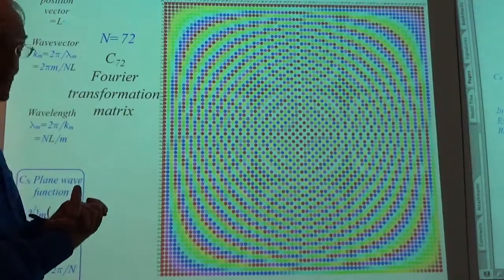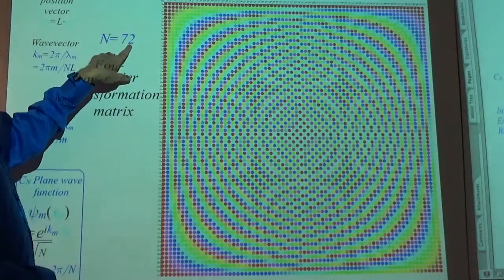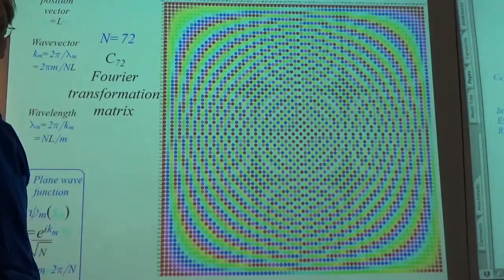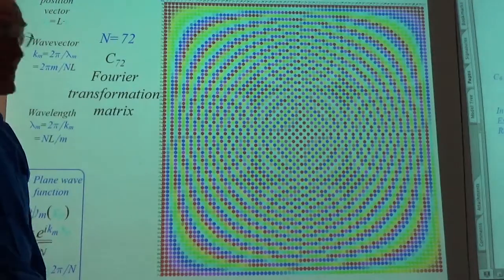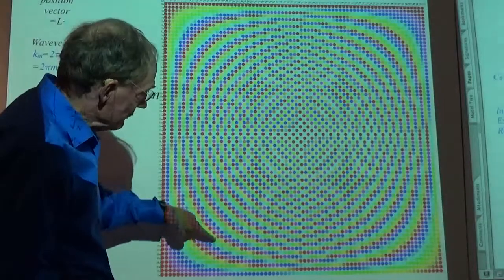When you're doing an integral Fourier transform, you're doing it with n equals 72 million, or some huge number, right? A continuum. This is the matrix. This is what it looks like. And when MP is a constant, you have roughly the same color.